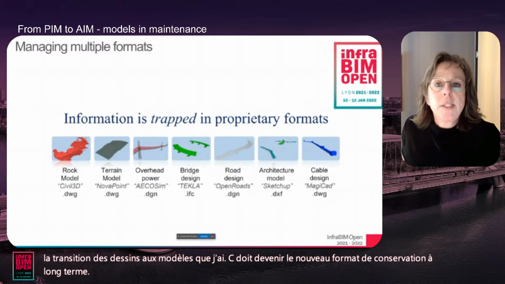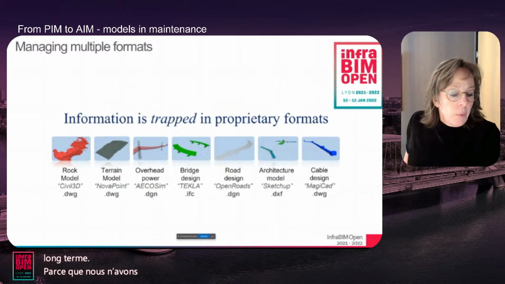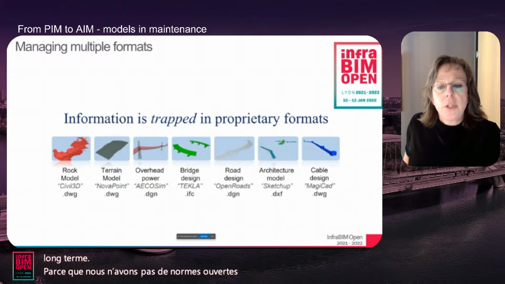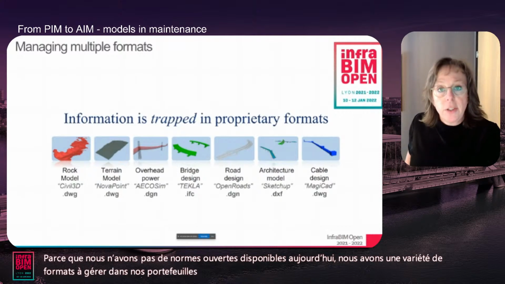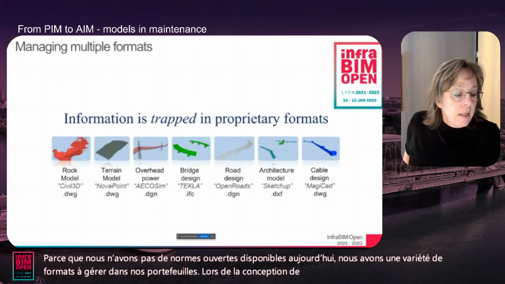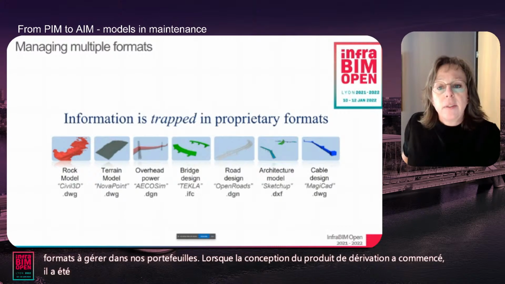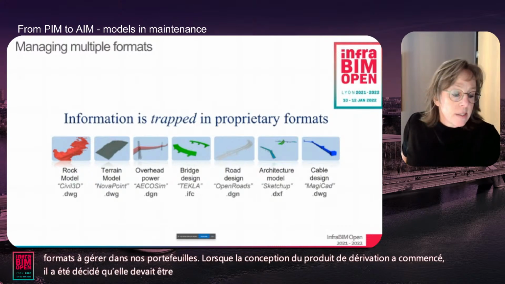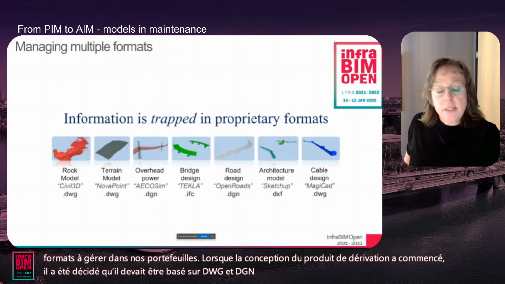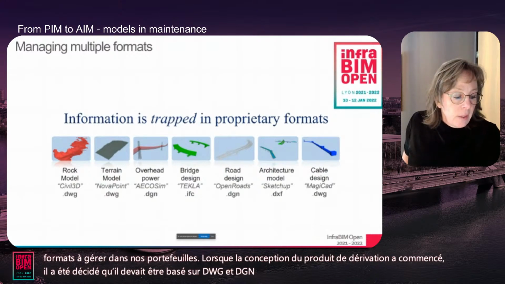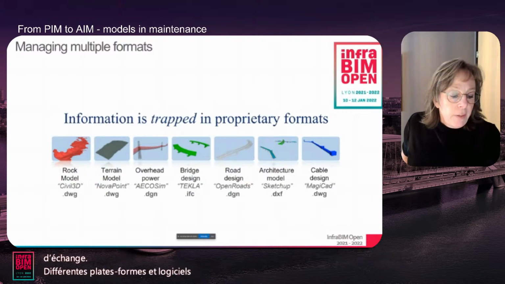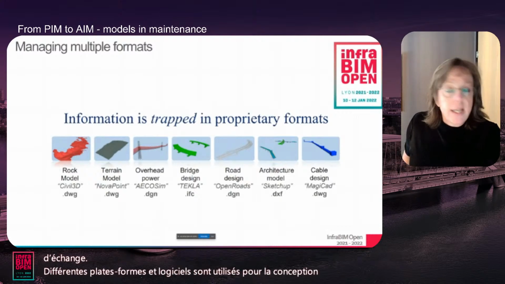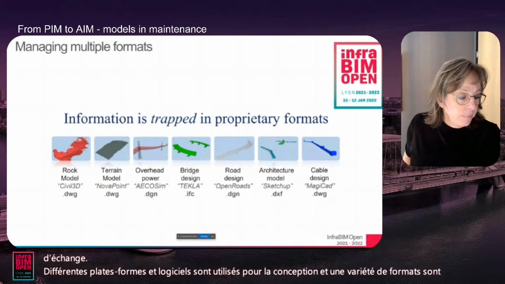Because we don't have open standards available today, we have a variety of formats to manage in our portfolios. When the design for the Bypass project started, it was decided that it was to be based on DWGs and DGNs as the exchange formats. Different platforms and software are used for the design, and a variety of formats are delivered as additional data.